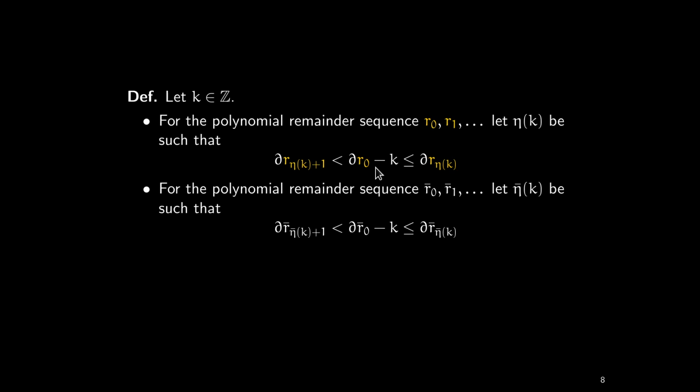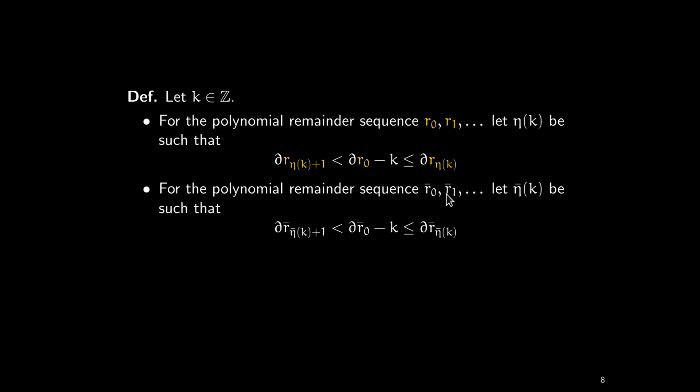We say that for a polynomial remainder sequence R, we define eta of k as the number such that, let's say differently, if I take the degree of R0 minus k, then this is the degree between the etath and the eta plus first row in the polynomial remainder sequence.